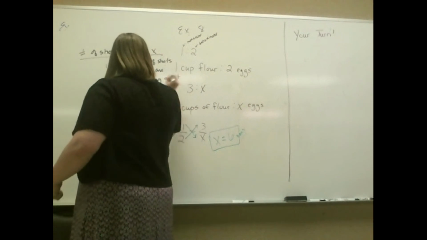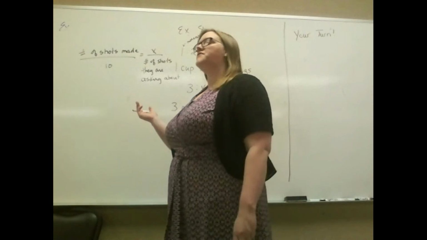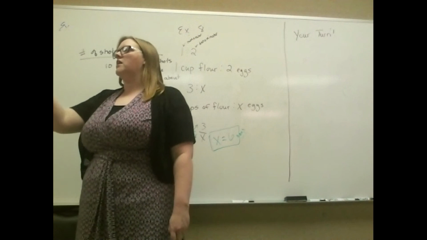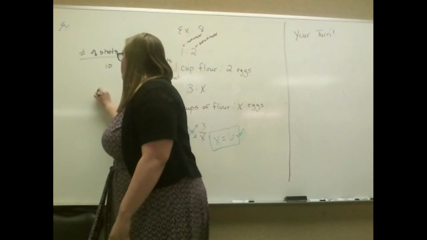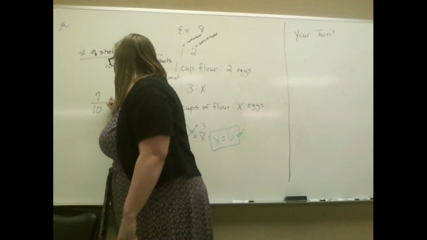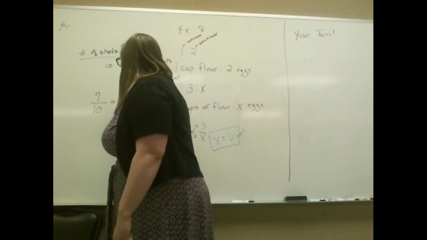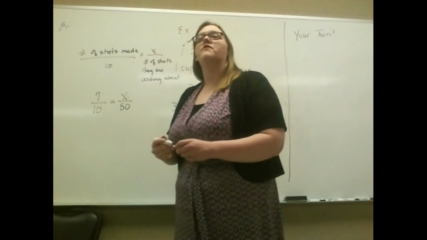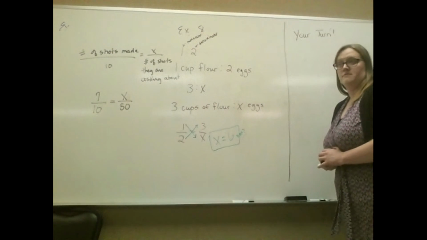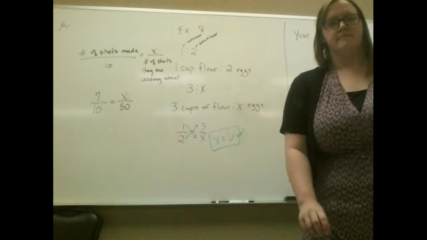So for the one that says, if you would have had 50 shots, say that you were like Rebecca and you got 7, then you would have 7 out of 10 equals X over 50, and you would solve for X.